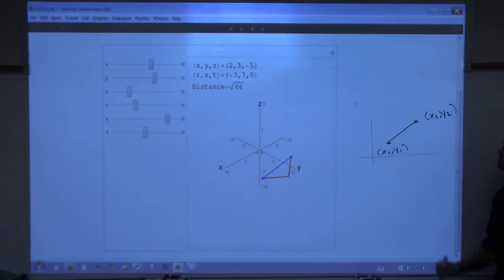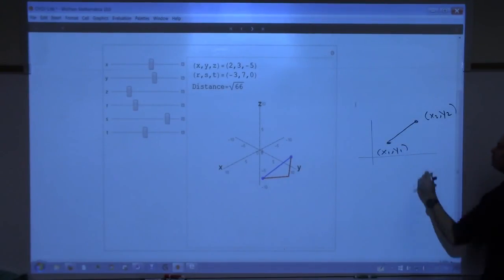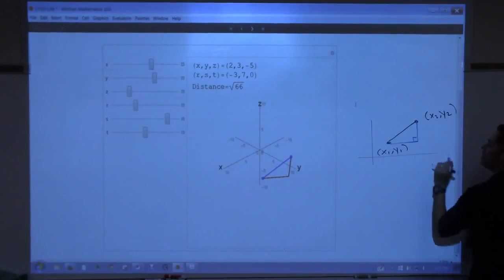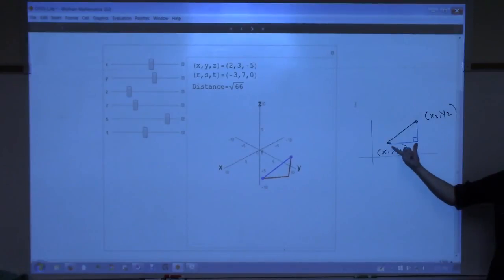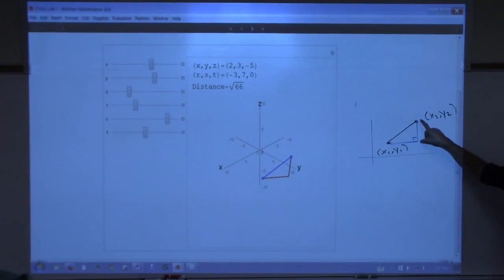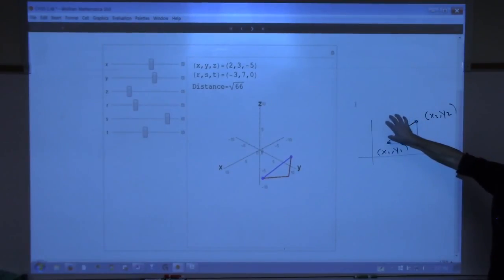We just connected that segment together, created a segment, and then we drew a right triangle, didn't we? Like this. And then we used the Pythagorean theorem. We could figure out that the distance between here and here would be x2 minus x1. Distance between here and here is y2 minus y1. And then if you set up Pythagorean on that, you can figure out this. How many of you remember seeing that?